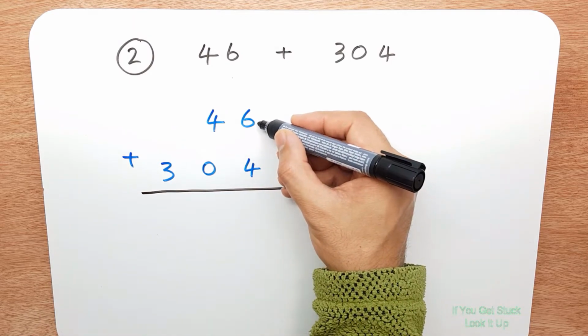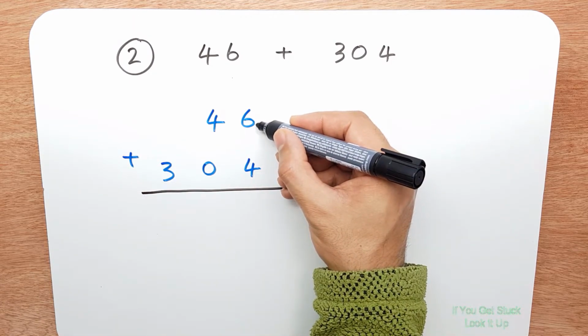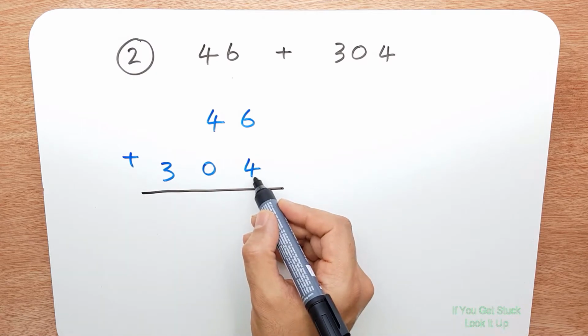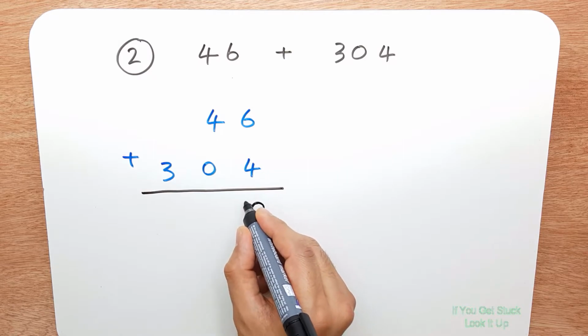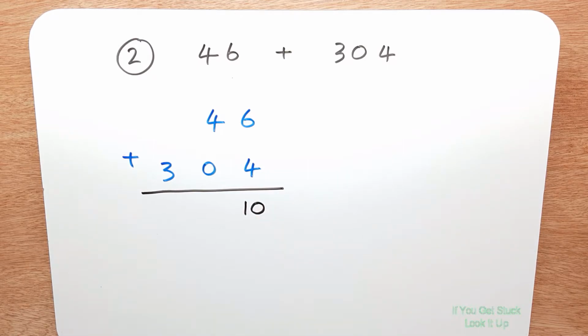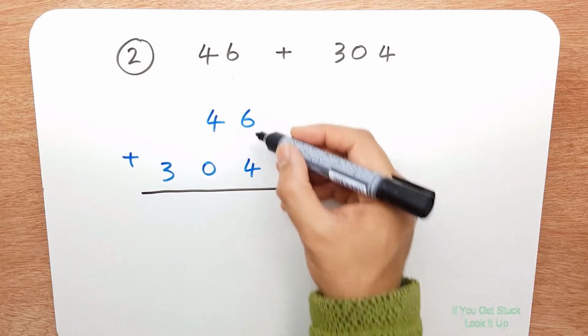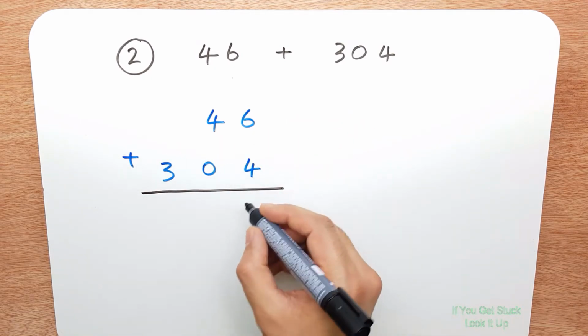Let's start with the units column or the ones column. 6 add 4 is 10. And remember we said we can't put 10 like this in one column. So let's rub this out. 6 add 4 is 10.